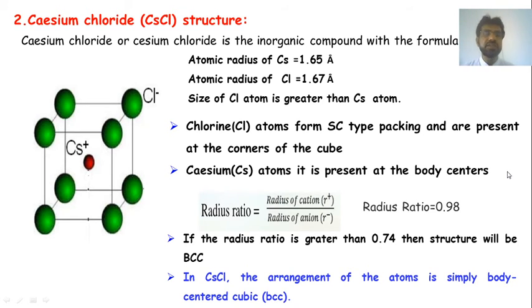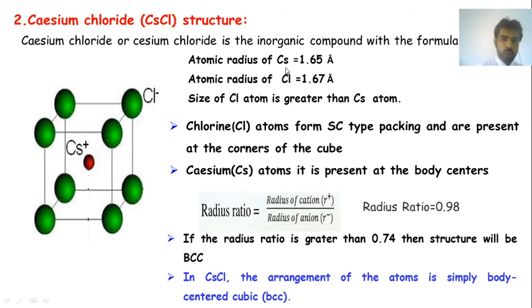In case of cesium chloride, the atomic radius of the Cs atom is 1.65 angstrom unit and the atomic radius of the Cl atom is 1.67 angstrom unit. It shows that the size of the chlorine atom is greater than the size of the cesium atom.